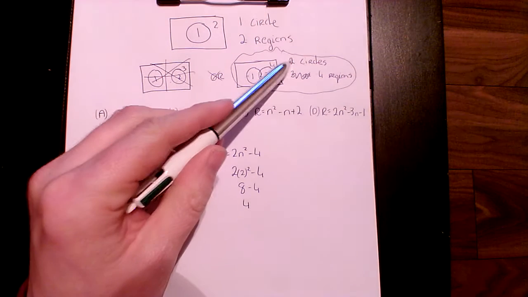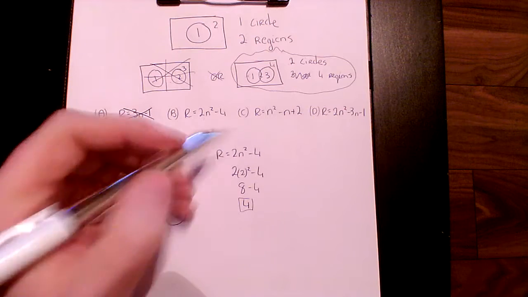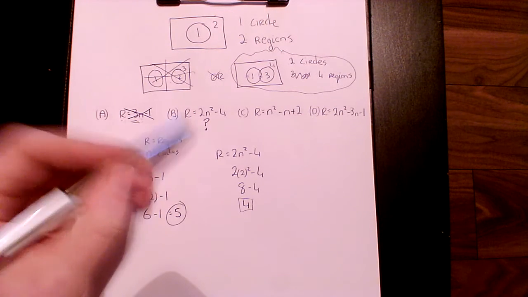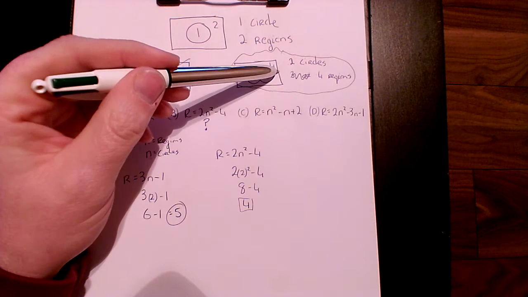We put in 2 circles and it spat out 4, so that's correct. It could be this one. I'm not sure yet, because one swallow doesn't make a summer.